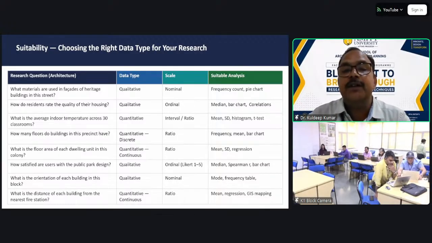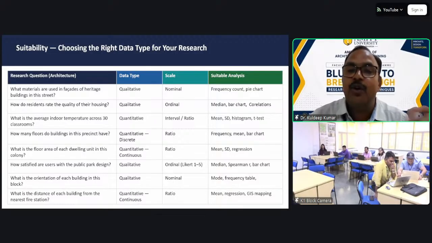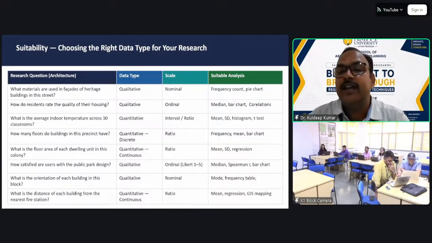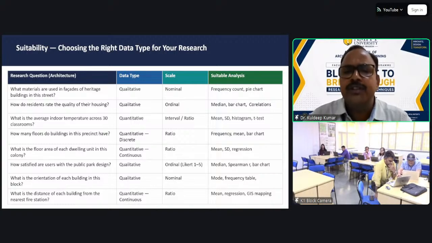If you ask what is the floor area of each dwelling unit in this housing scheme, now you're talking about areas, talking about numbers. So it is quantitative, continuous, ratio scale. And then the analysis can be the mean of floor area or standard deviation, according to what we are aiming at in our research.